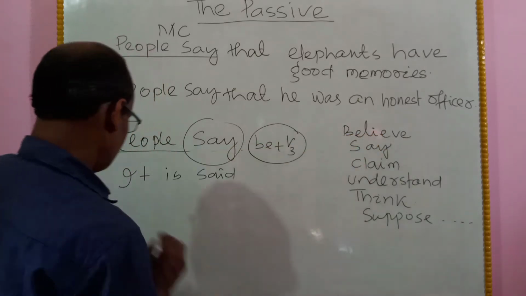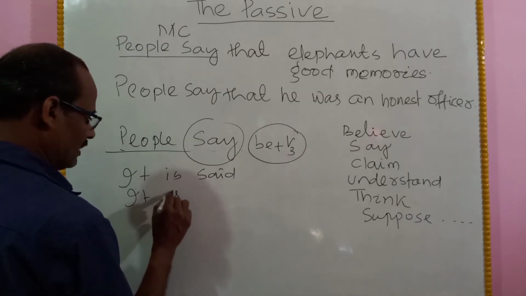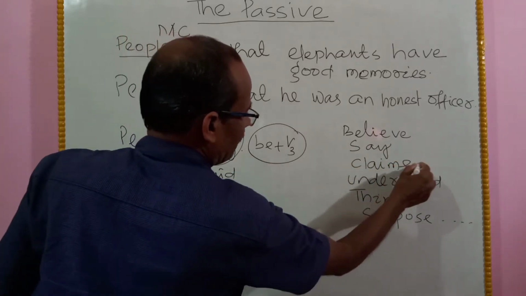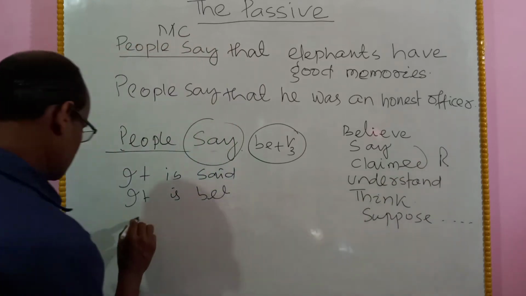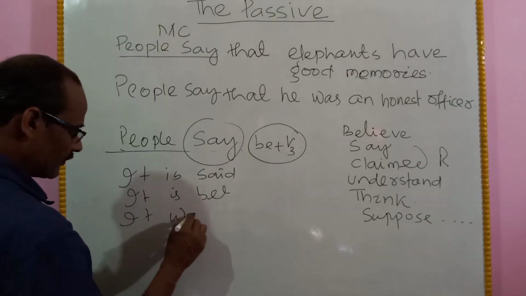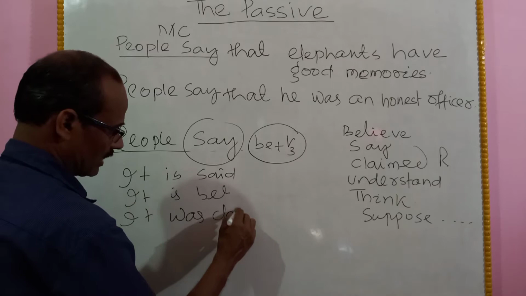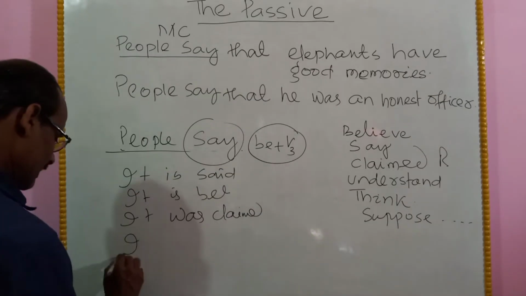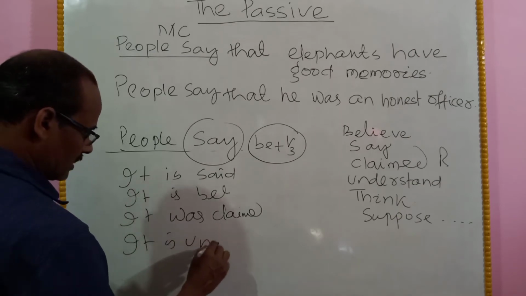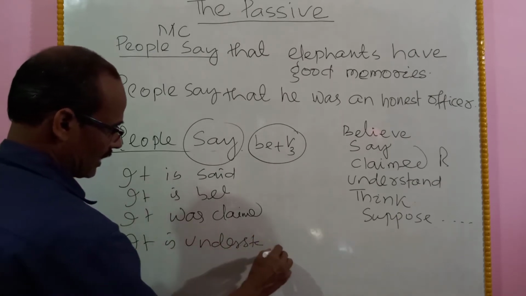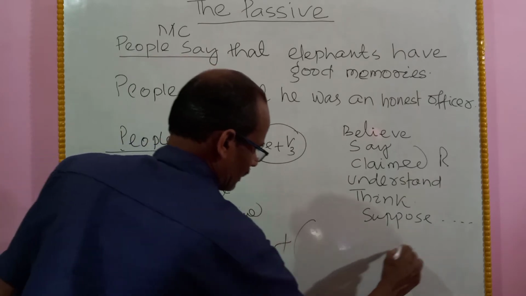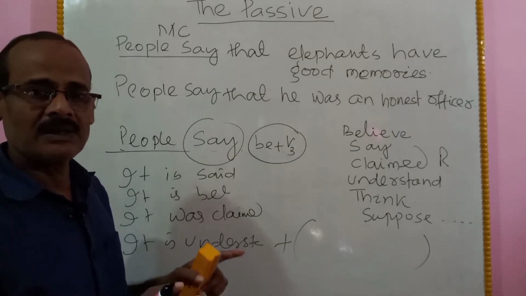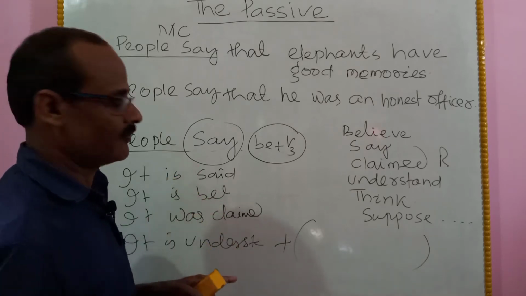Suppose "people believe," it is believed. "People claimed," past tense, the same way it was claimed. "People understand," it is understood. And then add the subordinate clause. What is it in its original form?